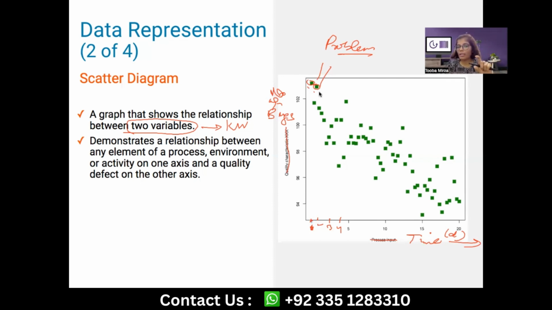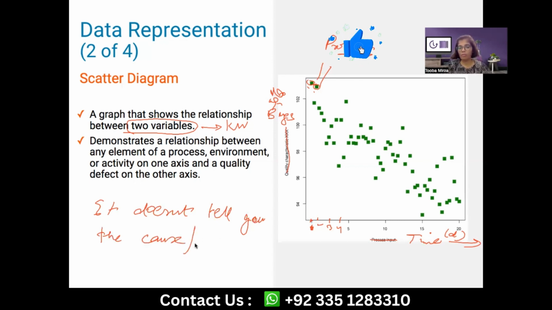A scatter diagram is only a representation mechanism. It tells you where the problem is, or whether there is a problem. More than that, it doesn't tell you. It's not going to tell you what the fix is, the cause, or maybe the solution.